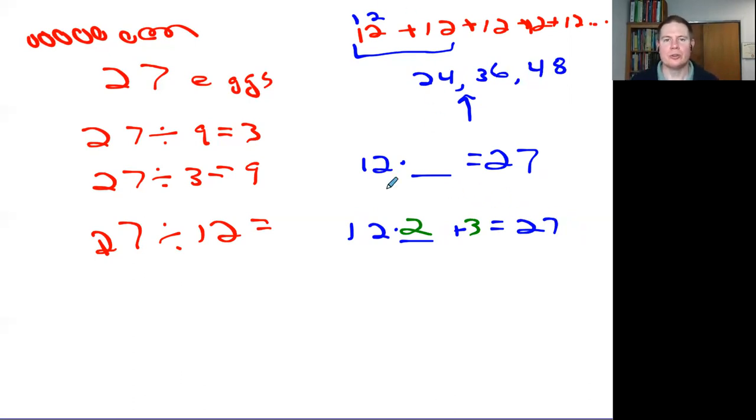Or I could use 3 cartons, say 12 times something, 12 times 3, that's 36. That's more than I need. So 36 to get back to 27, that's a difference of 9. I've gone over by 9.